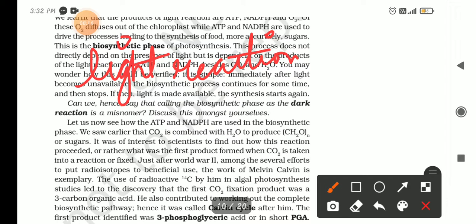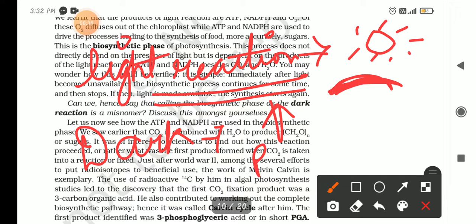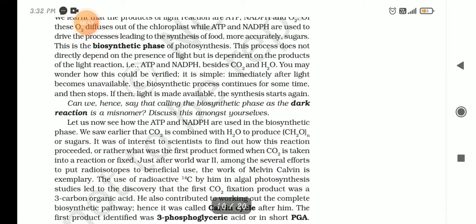light reaction is the reaction in which we need light energy, the sunlight energy, and the light falls on the membrane. It is directly dependent on the light energy. And dark reaction is the reaction which is not directly dependent, but depends on the products of the light reaction.